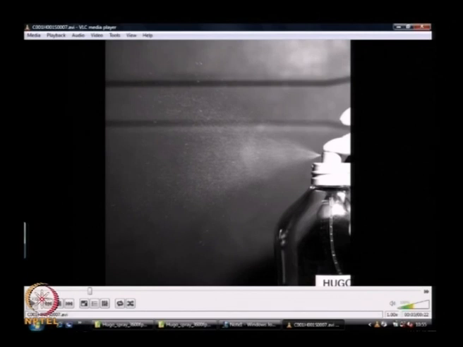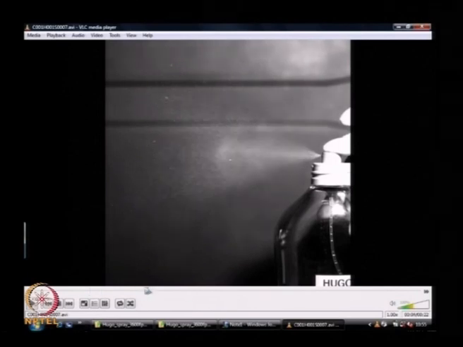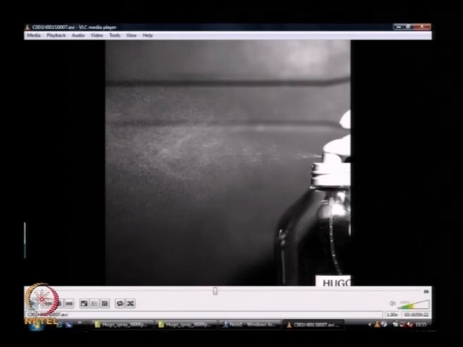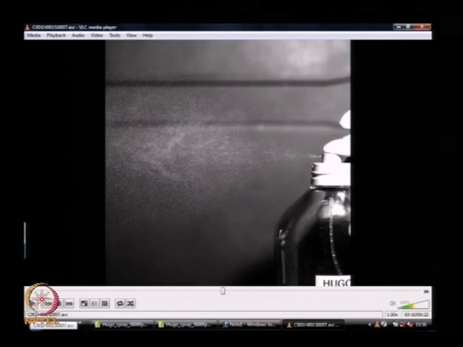But if I drag this further down into my high speed video and play it, I took this image and then another image a short time later. Now, this is still a transient spray as far as my eye is concerned.